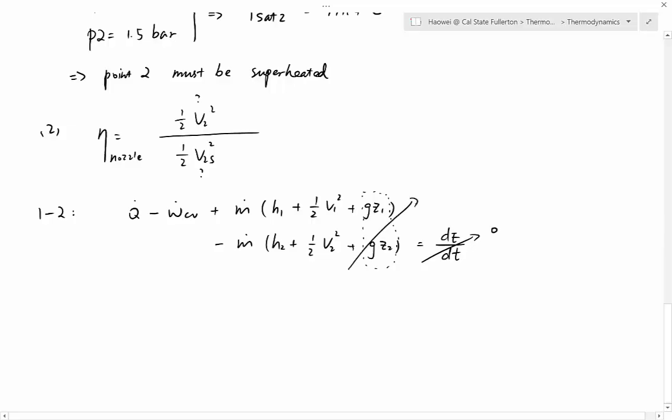And then, because the problem states it is adiabatic, there's no heat transfer. And again, this is a nozzle. A nozzle doesn't have any moving parts. If there are no moving parts, W dot CV goes to 0.